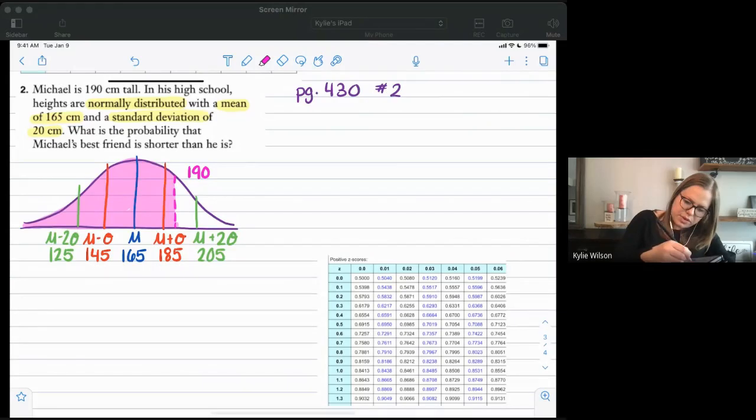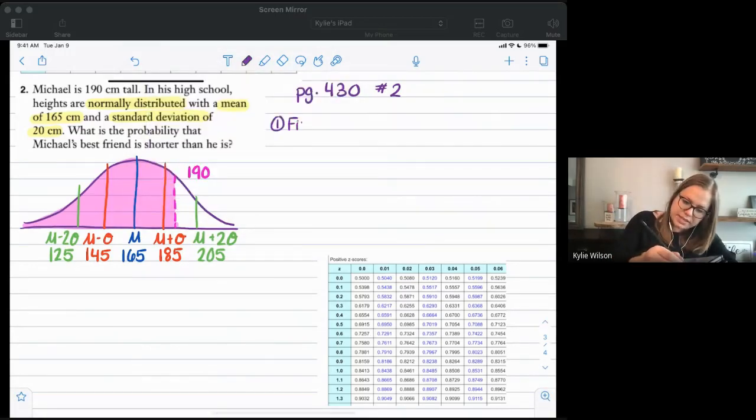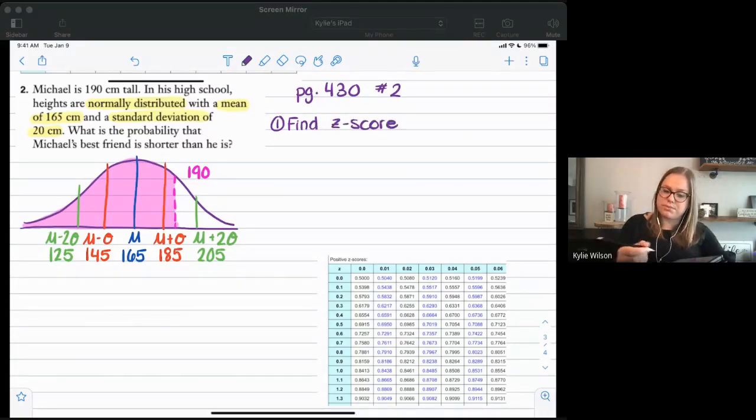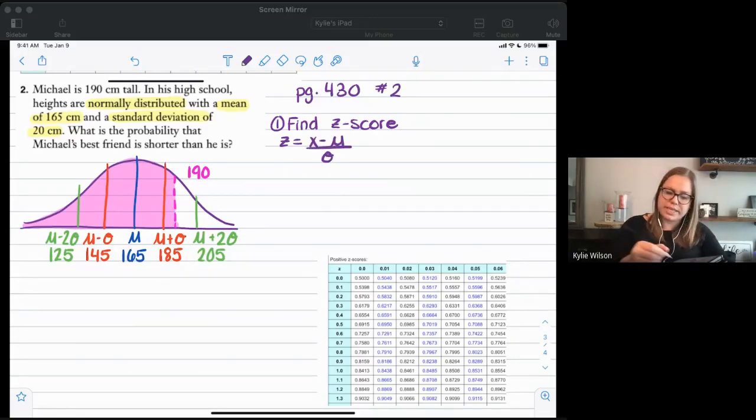Now, unfortunately, 190 isn't one of our nice points. So unfortunately, we're not being asked about 125, 145, 165, 185, or 205. But that's okay. We can still figure this out using our z-scores. So the first thing I do is find my z-score. My z-score is my data point minus my mean, all over my standard deviation.